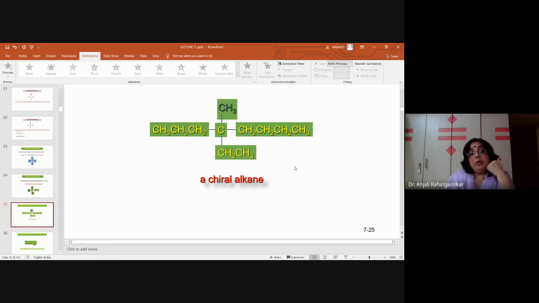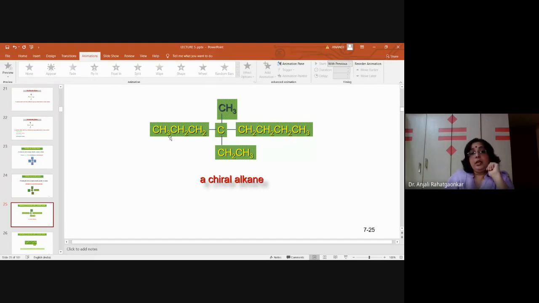If such big molecules are there, it is very difficult to locate the stereogenic center or chiral center, or asymmetric center. I am using various terms. So there should be practice; identifying the stereogenic center is also an important task.